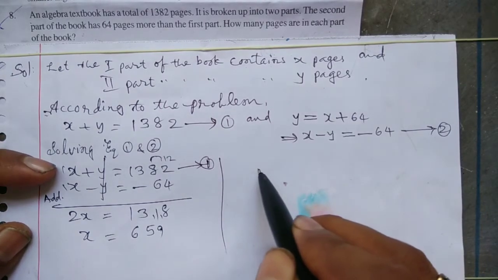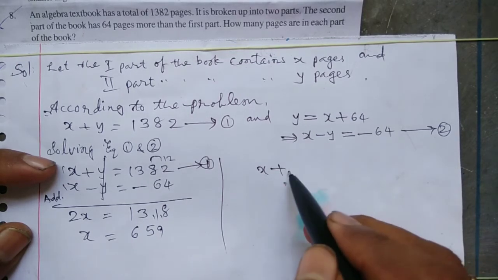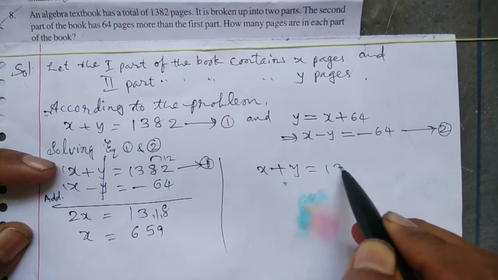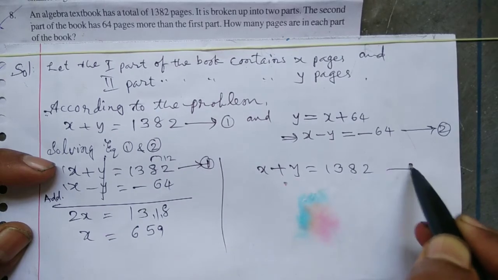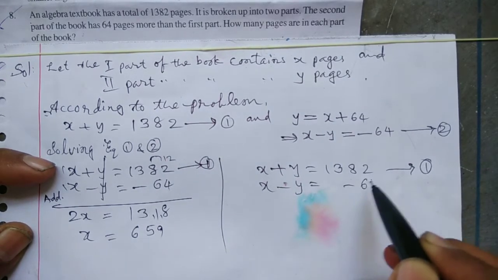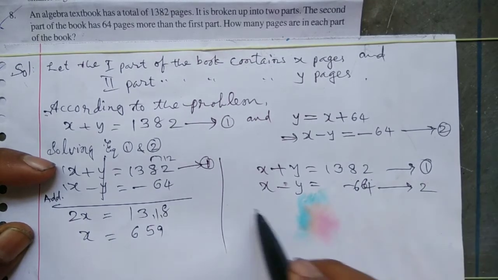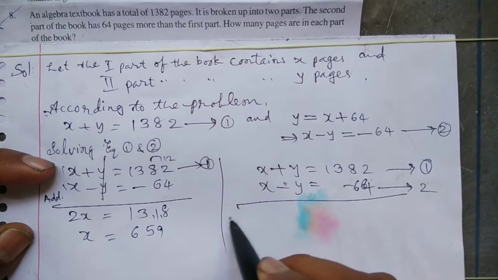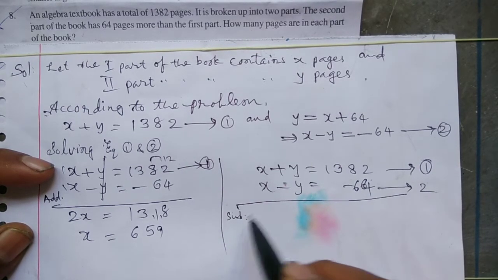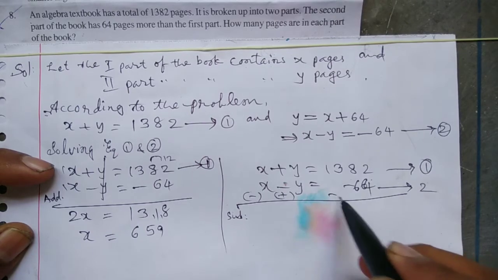Here we have to subtract the equations. x plus y is equal to 1382, this is equation 1. x minus y is equal to minus 64, this is equation 2. While subtracting, we have to change the signs of each and every term.